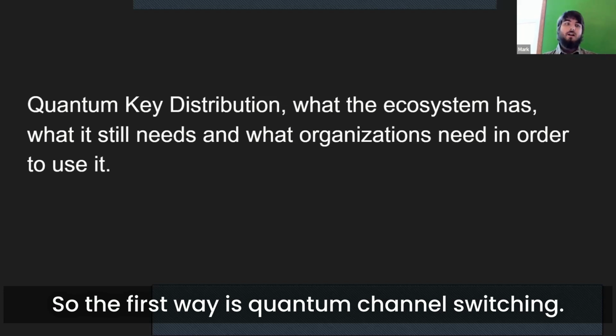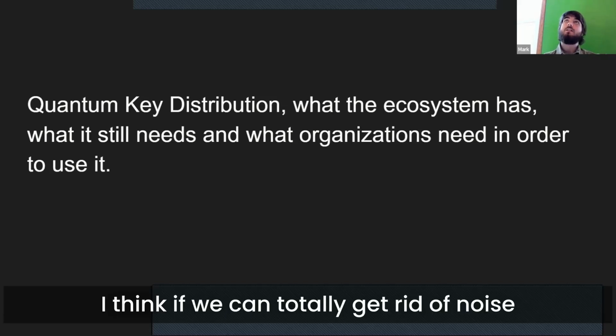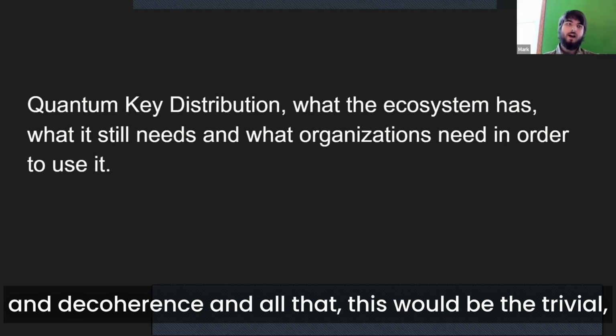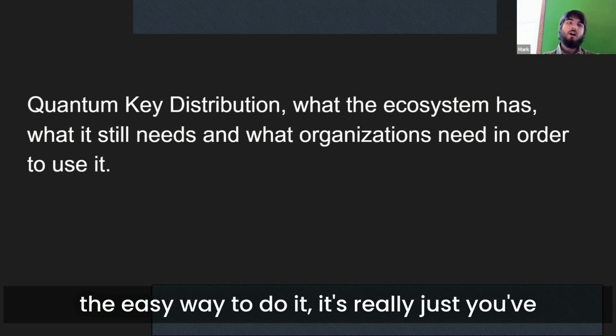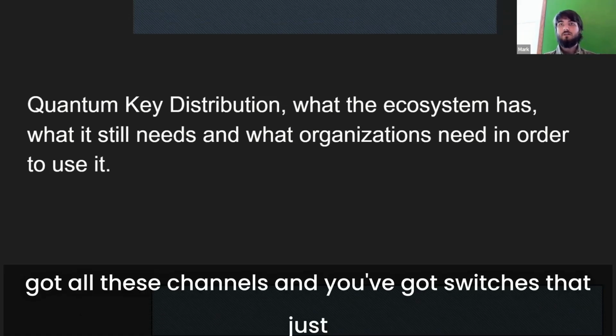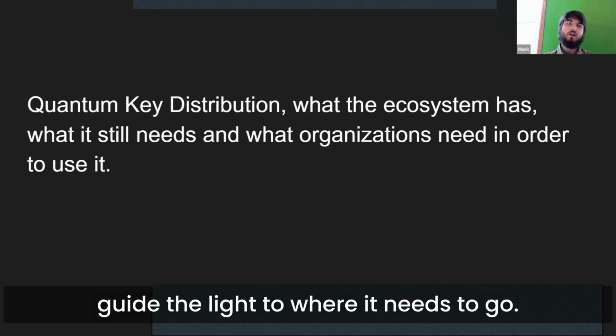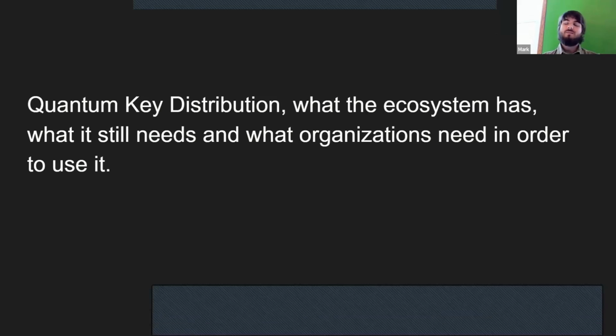So the first way is quantum channel switching. If we can totally get rid of noise and decoherence, this would be the easy way to do it. You've got all these channels and you've got switches that just guide the light to where it needs to go.